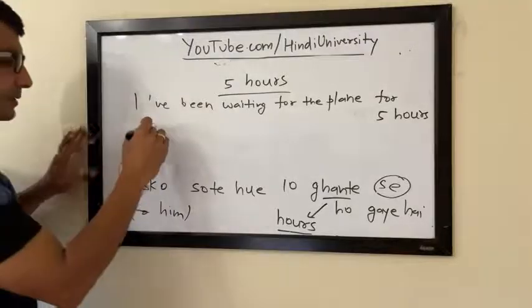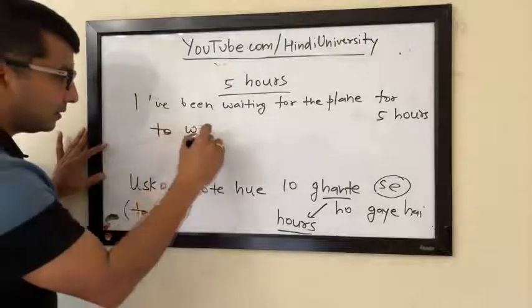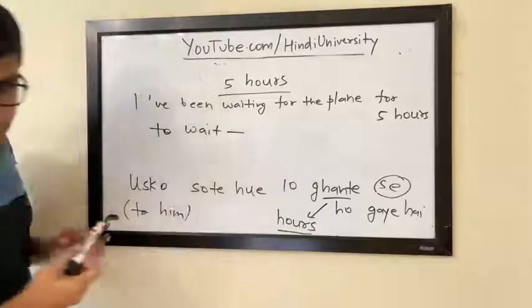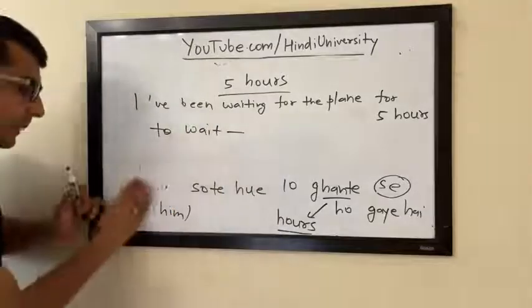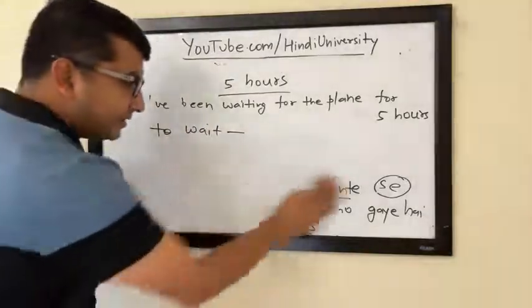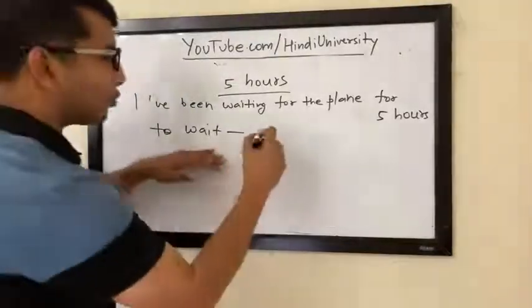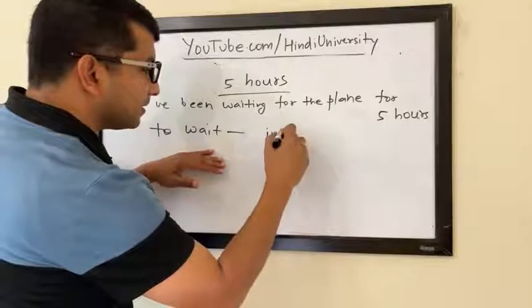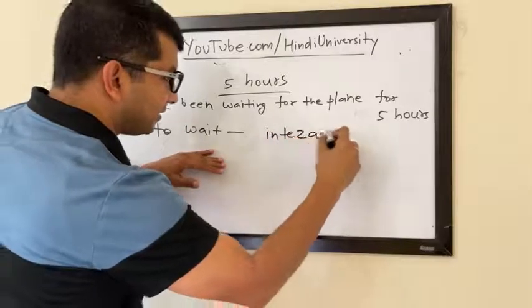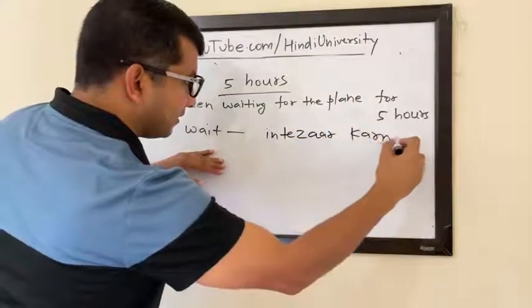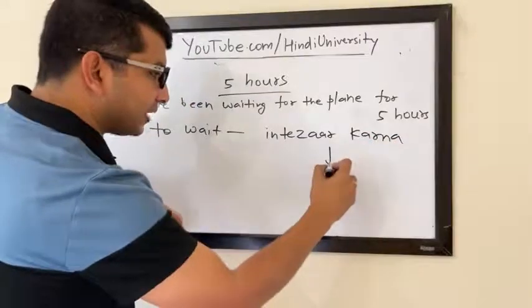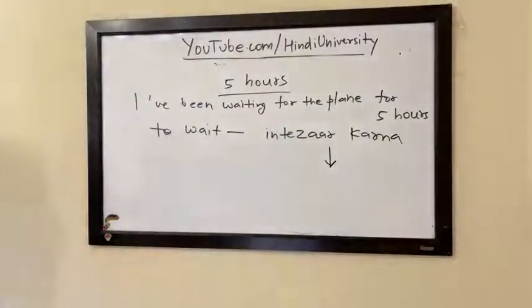Okay, to wait is, what is to wait in Hindi? इंतजार करना. Okay, very good. So basically the verb here is to wait, which means intezar karna. I'm going to ask Mahaji, right after this one.